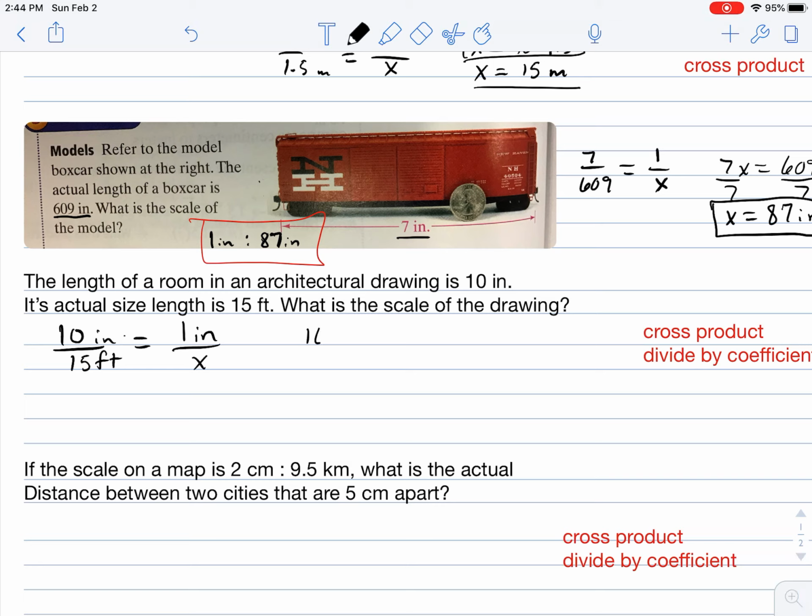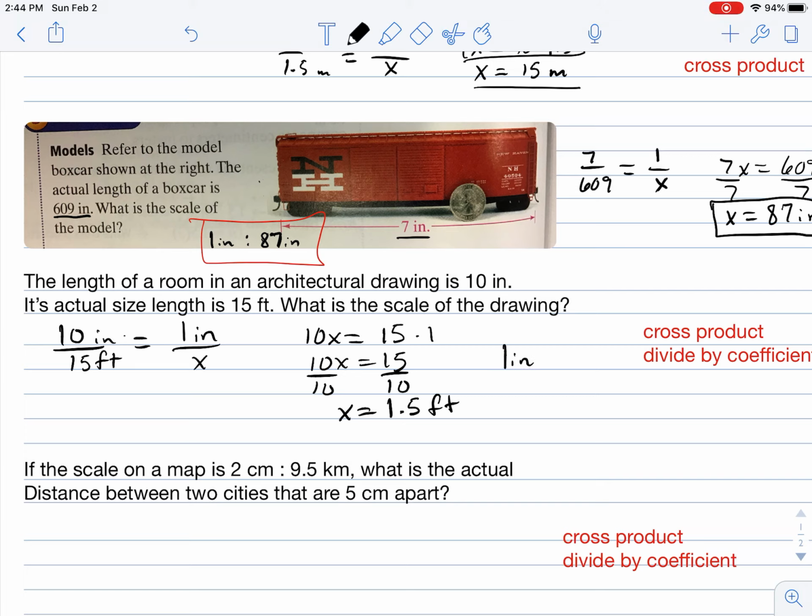Take the cross product. 10 times x is equal to 15 times 1. This is just going to be 10x is equal to 15. Divide by 10, and x is equal to 1.5. It's important to note that this is feet. So 1 inch to 1.5 feet.